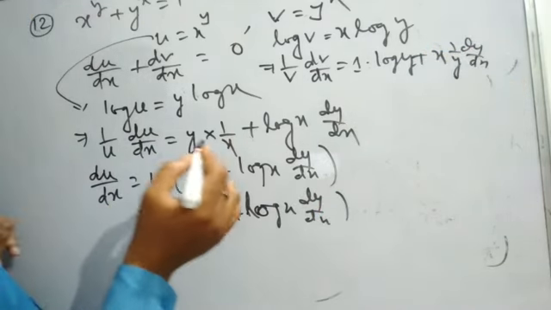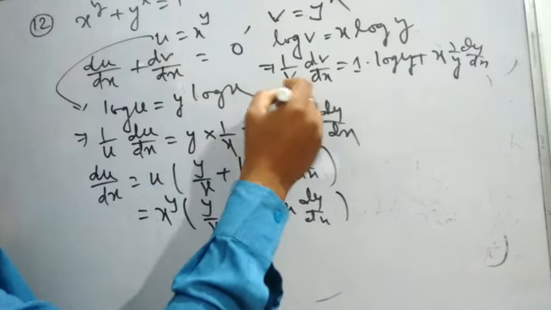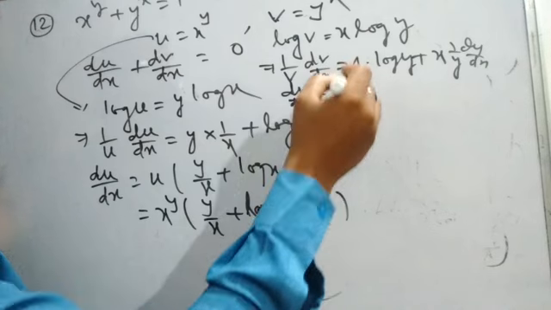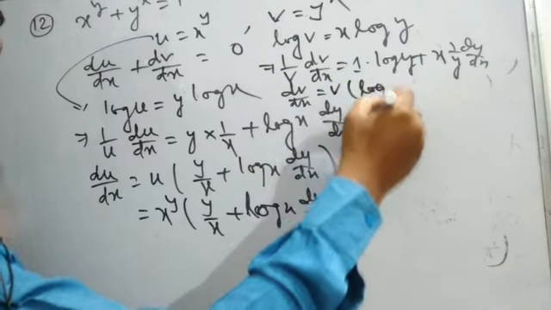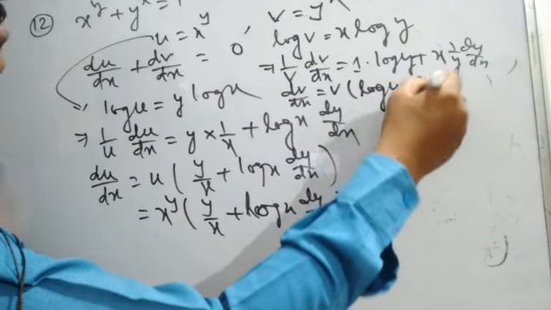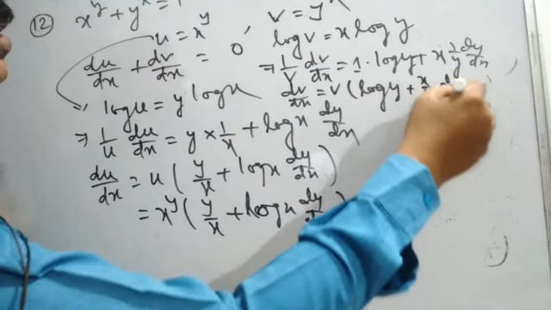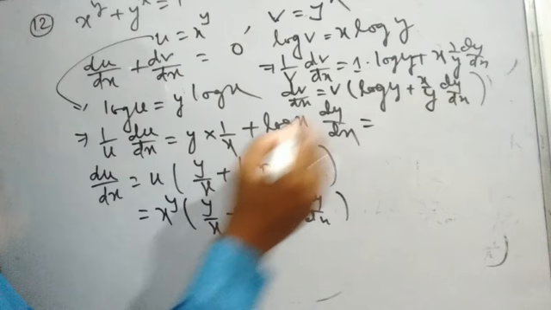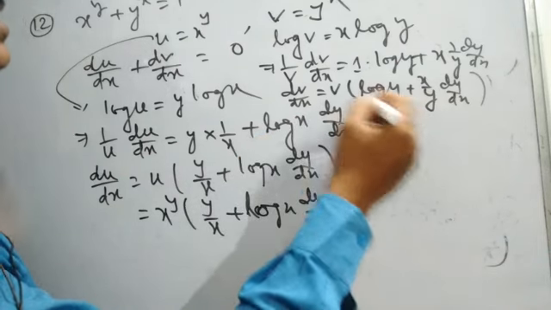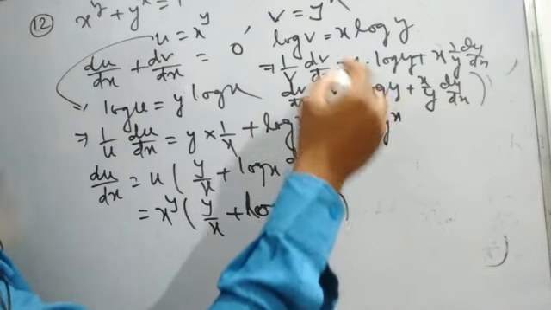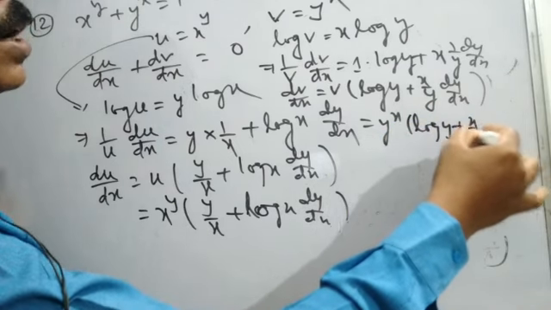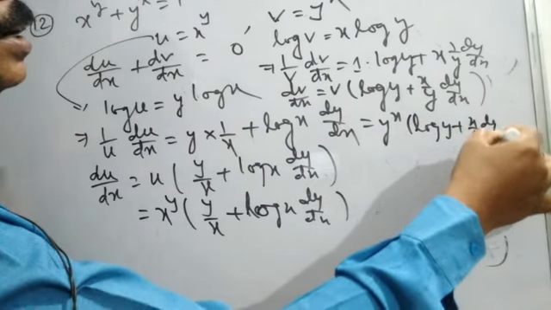Are you getting? Then dv by dx is equal to v into log y plus x by y dy by dx. Originally put the value of v, that is y to the power x, log y plus x by y dy by dx.